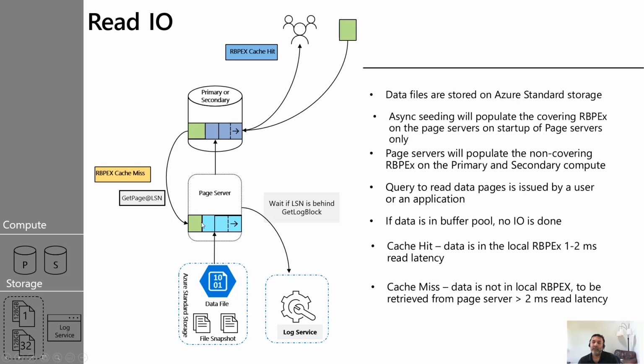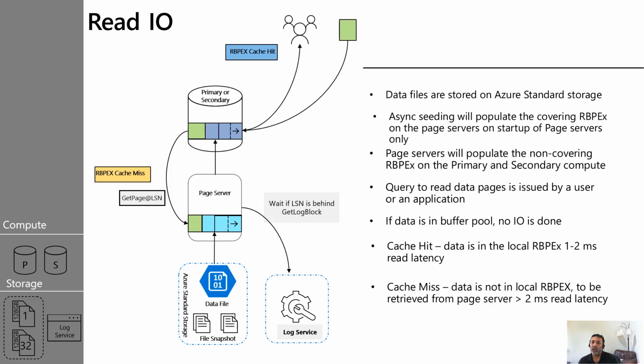If the page server has that page at that LSN, it returns immediately. If that page is not caught up to this LSN, then the page server requests log from the log service, applies that log to the page, and then returns the page. So effectively, if the data is in buffer pool, your response time is almost immediate because it's memory.